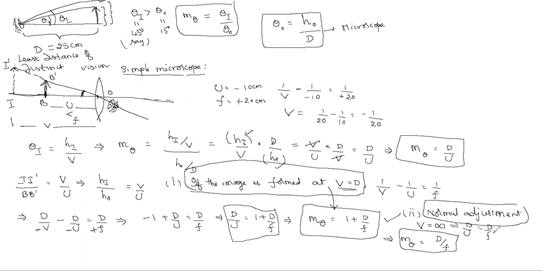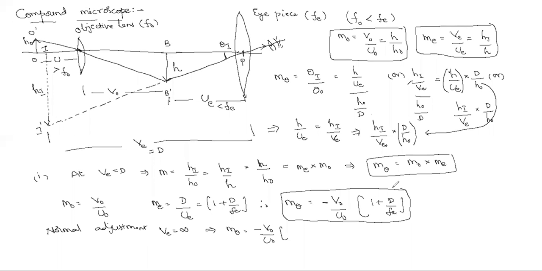D by f. So we have to substitute not 1 plus D by f here, but D by f_E. This is the magnification in normal adjustment, the second adjustment.